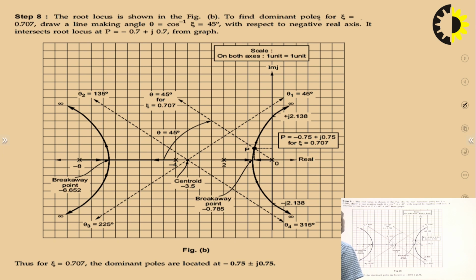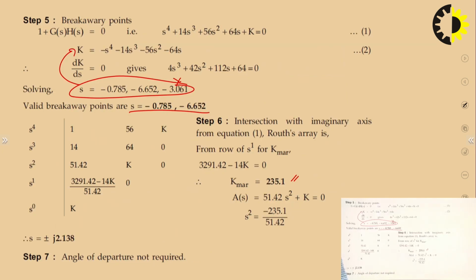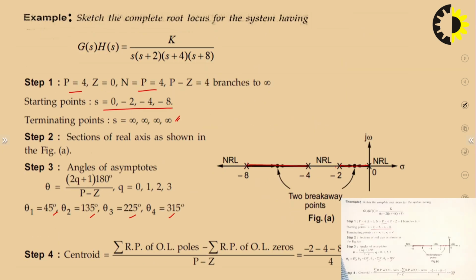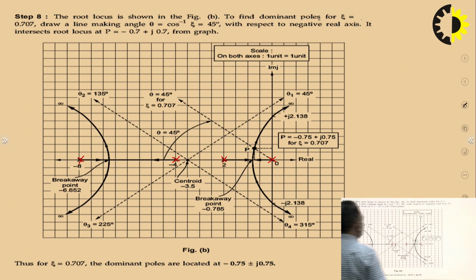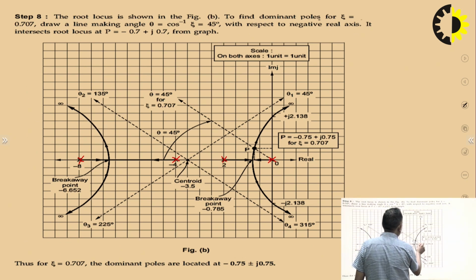So here is the root locus. You can see here, this is one root, another root is here, another root is here, another root is here: 0, -2, -4, -8. One breakaway point is here. These two roots approach each other, and at this point they will break away and move like this.